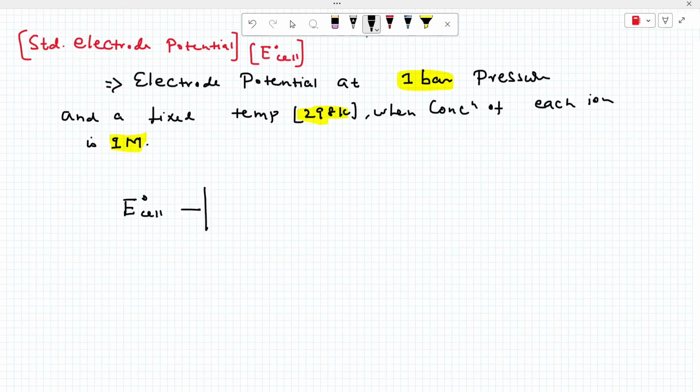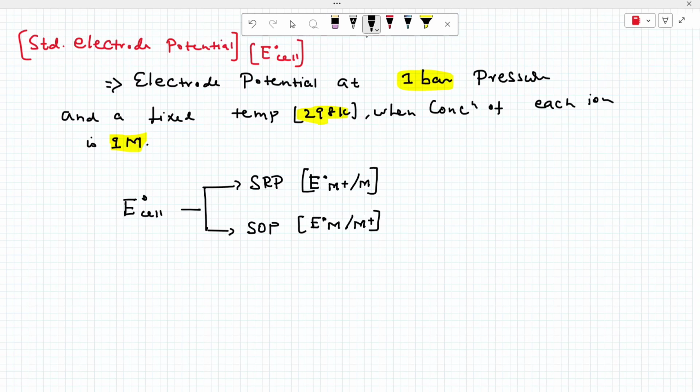we classify into 2 types. One is standard reduction potential, that is SRP. The standard oxidation potential, okay. That is E naught of M plus to M. This is a standard reduction potential. Similarly, this is M slash M plus.